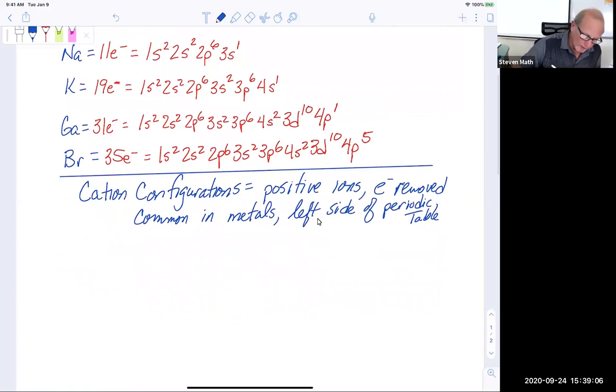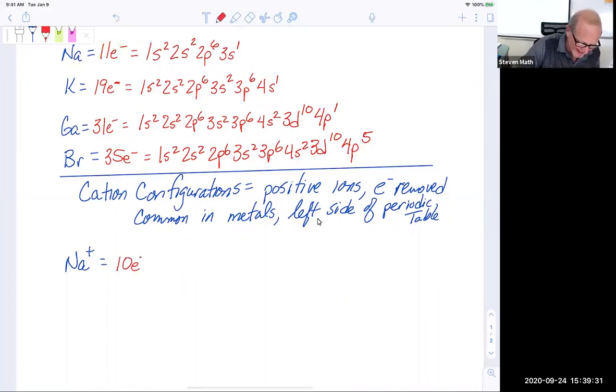So now, let's take our sodium, same sodium we just had. But sodium forms a +1 ion. So that means that I had 11 electrons. Check it out up here, you can barely see it. I have 11 electrons up top, but this is a sodium plus. So I've removed one of those electrons.